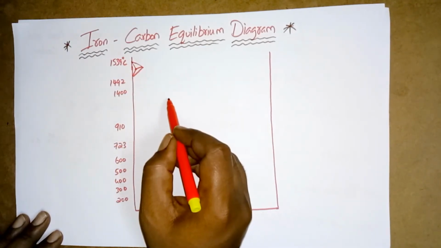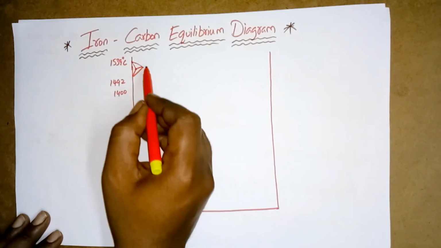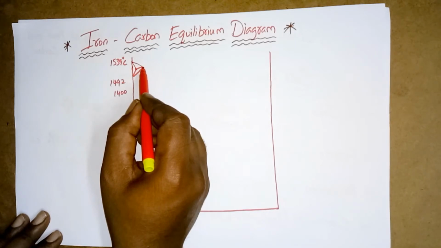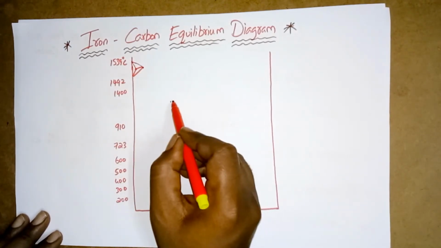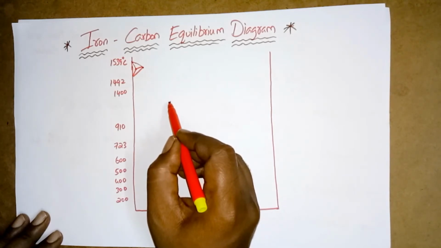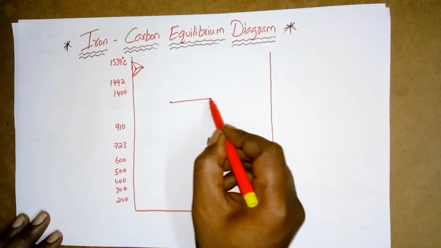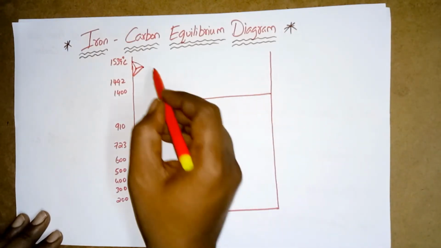Here we'll show the graph, how it is falling down, and later we will see what stages are involved. First we'll plot a horizontal line. This line is 1130 degrees centigrade.